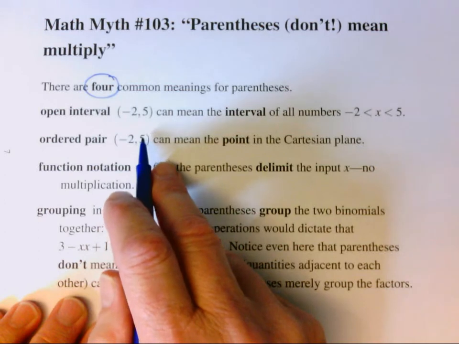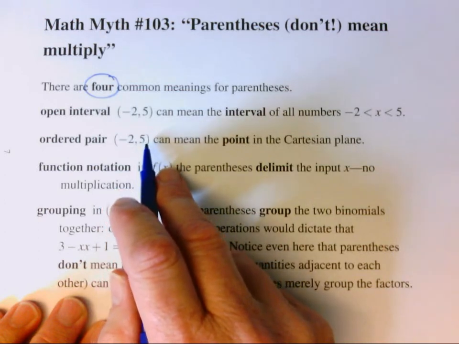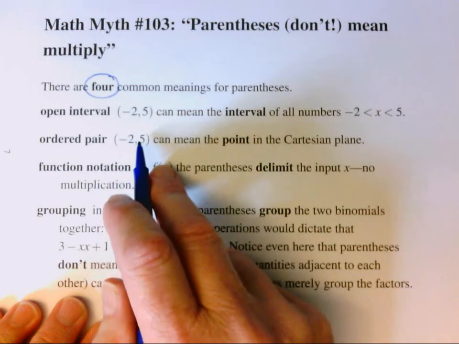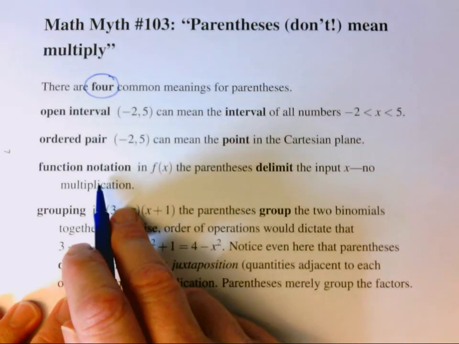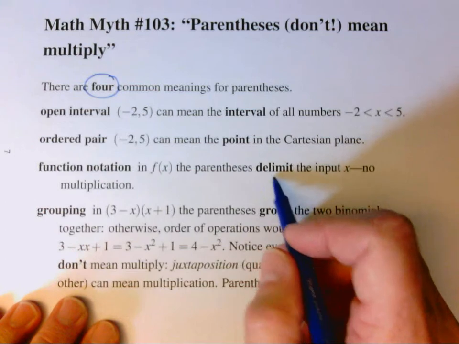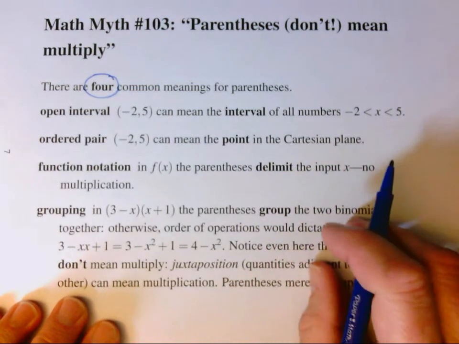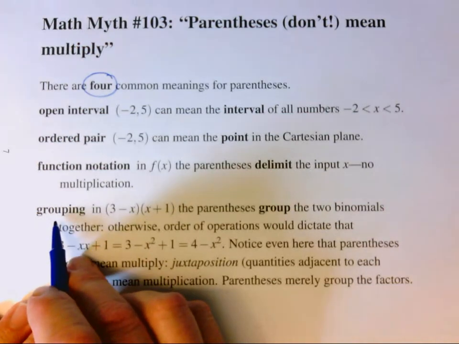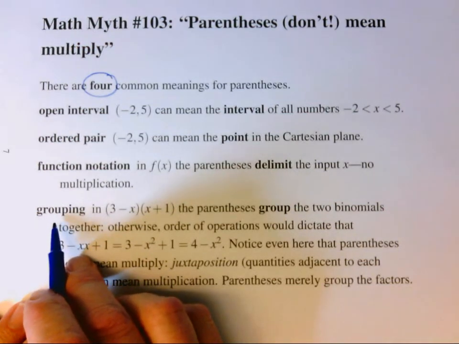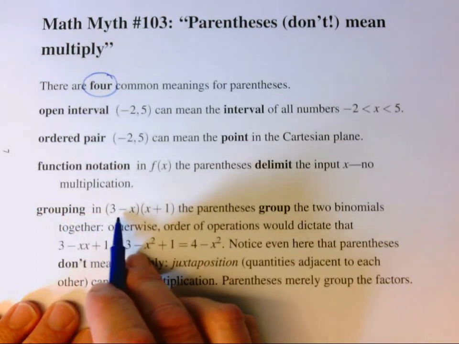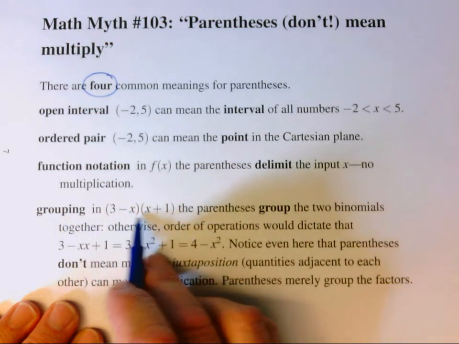There have been various attempts to change the way we do notation to get rid of exactly this ambiguity. We've just encountered it in function notation. The parentheses, all they do is surround the input, they delimit it. There's no multiplication there. Then finally, one of the earliest uses of parentheses that you probably saw was in grouping. Here we have parentheses grouping a pair of binomials.